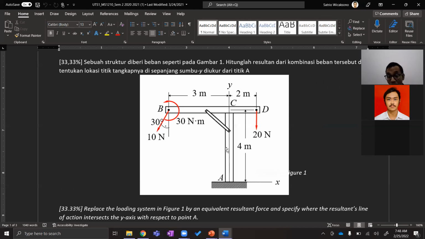But sometimes, and most of the time, there will be a problem about the resultant, the force and moment resultant, and how to move the force, and how to represent all the forces and moments with just one force, or one force and one moment. That's normally what will be in your exam.